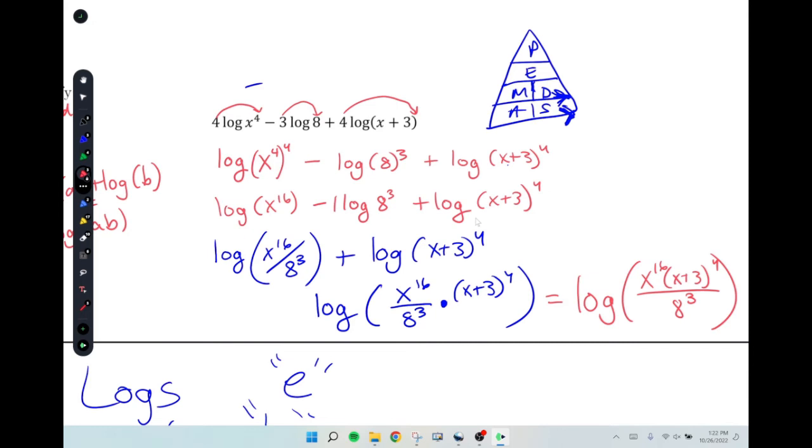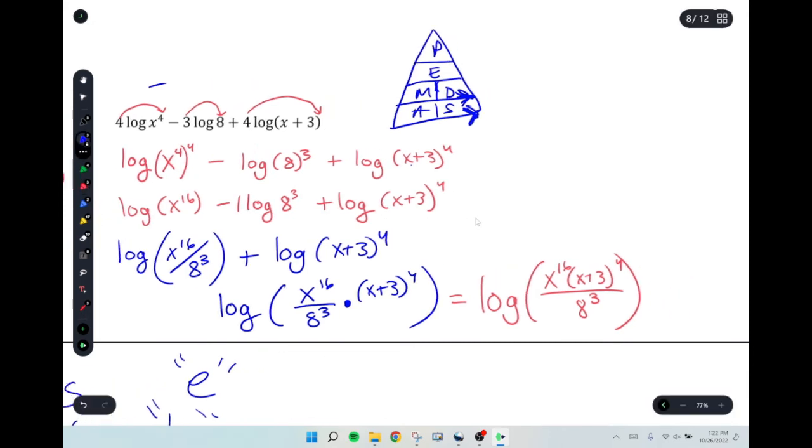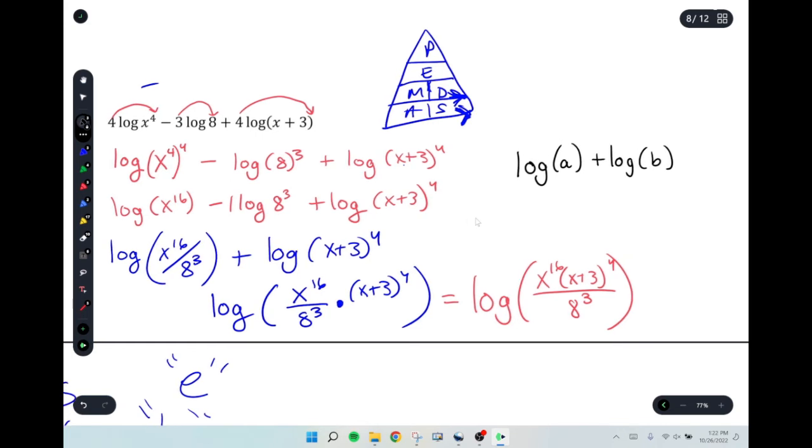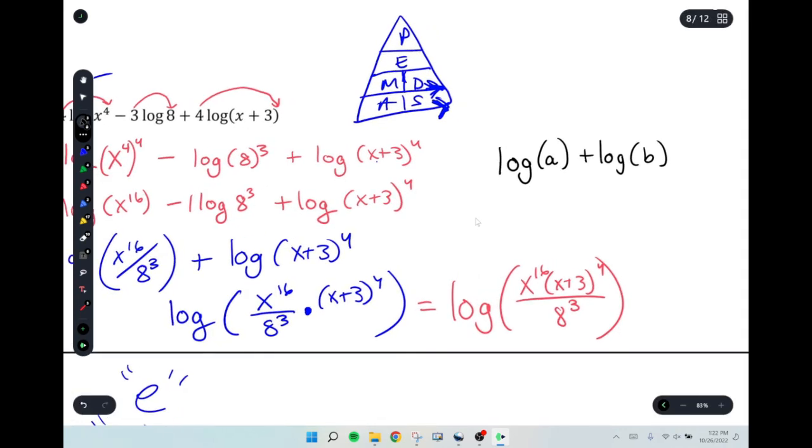Why can you put that on top of the fraction willy nilly when it was added?